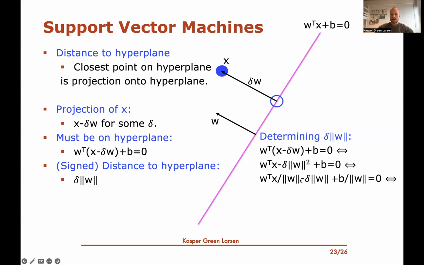What we get is that the first term is divided by the norm of W, one of the squares goes away, and the second one also divides by the norm of W. Now if we move the delta W term to the other side of the equality, we get an expression for delta W being W over norm W, inner product X, plus B over norm W. This is the signed distance to the hyperplane. So this is exactly a formula for the signed distance to the hyperplane.